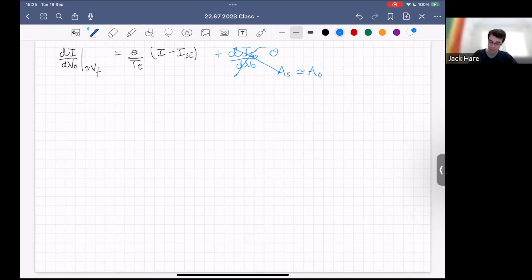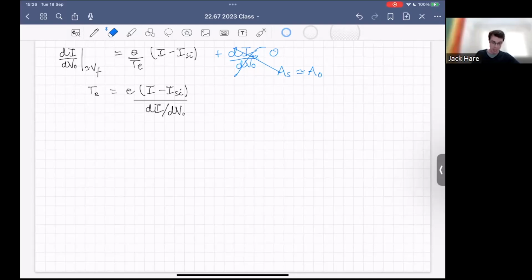And if you look at the first term and think about how to rearrange this, you can see that the electron temperature can be written as E times I minus I_IS, divided by dI/dV0, like this.